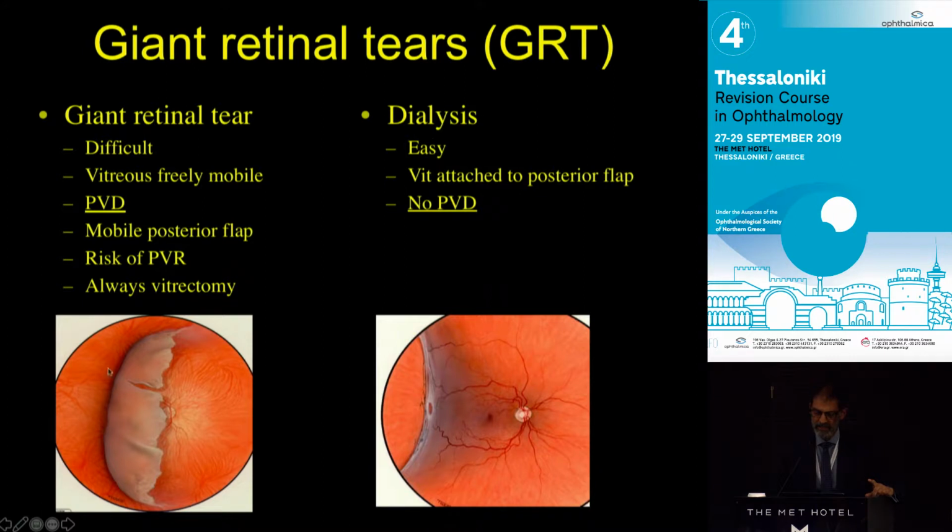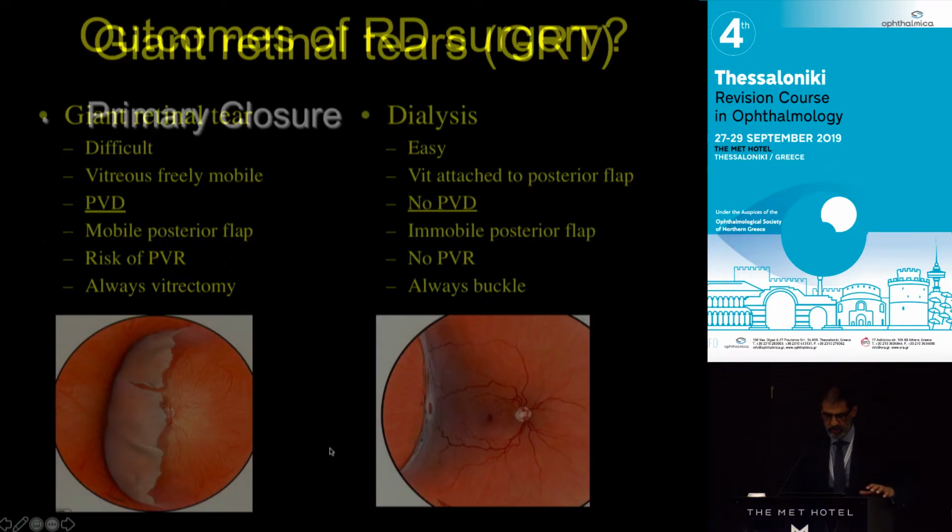So you can have a torn retina, but if the vitreous completely bridges it, then you have a functional dialysis. You might say, how can that be? That's if the tear comes from trauma rather than PVD. So that's the main difference between giant retinal tears.